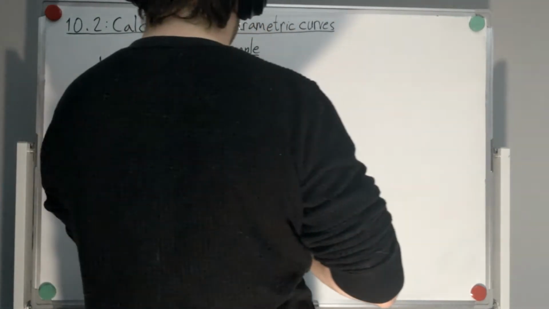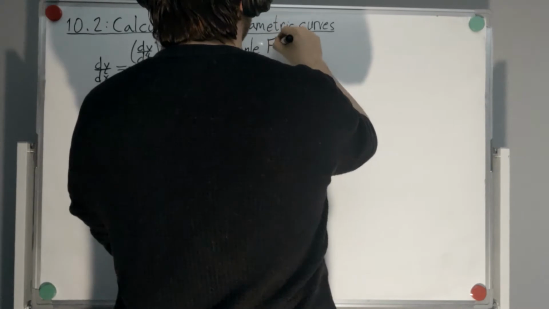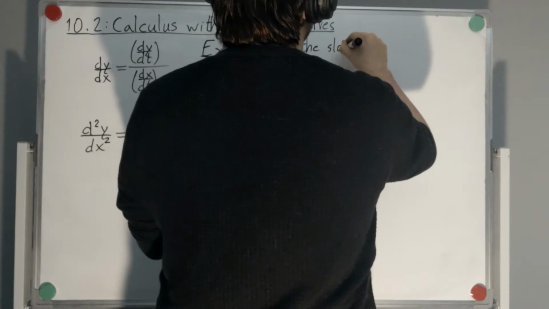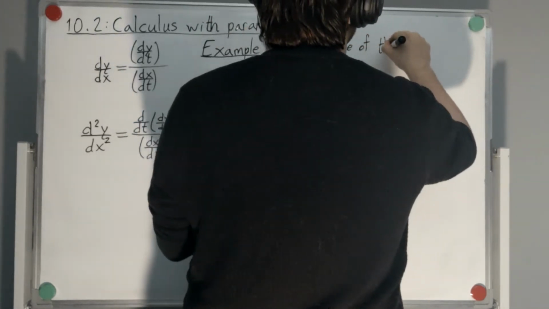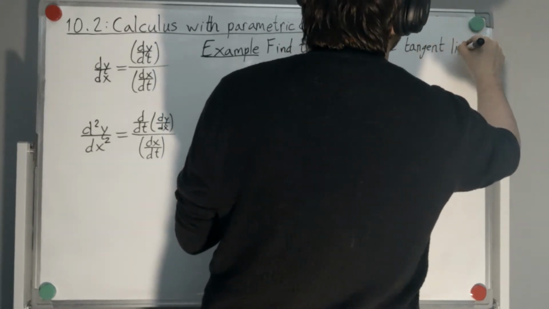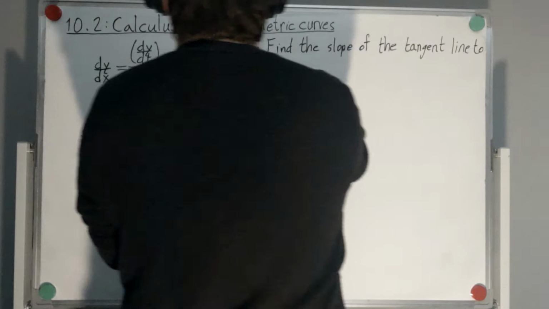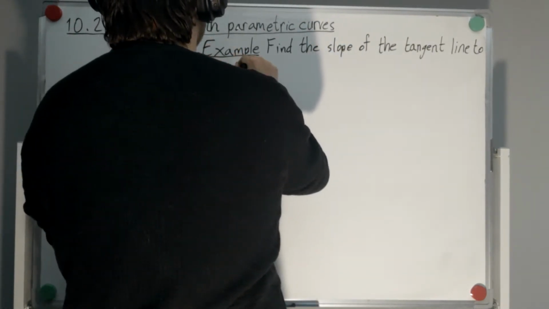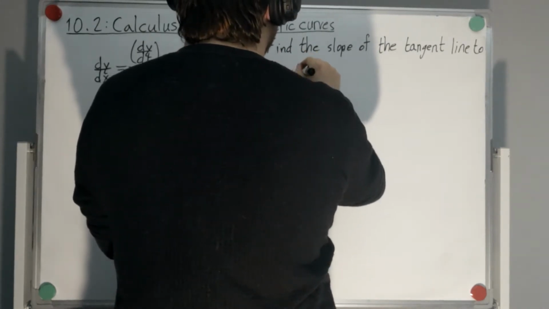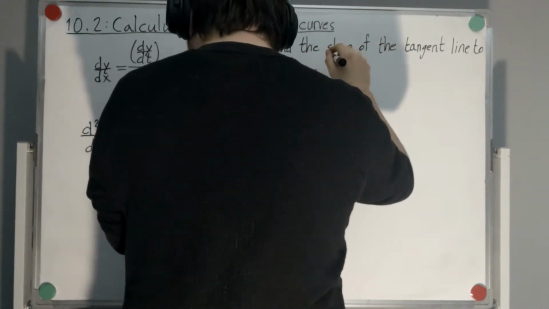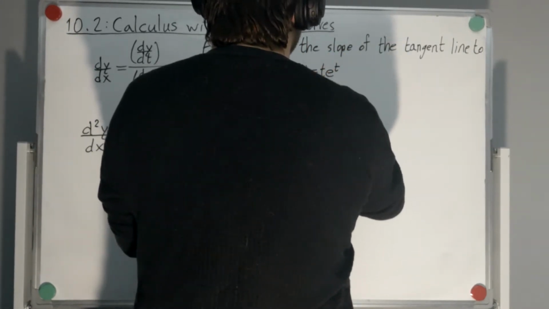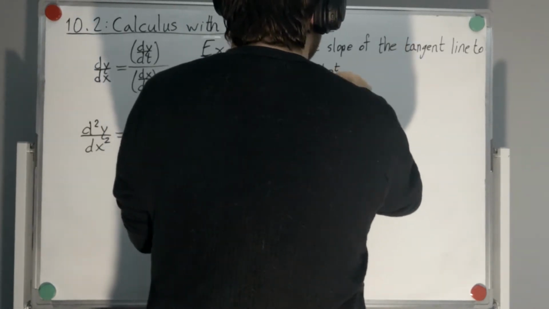So let's see here. Suppose we want to find the slope of the tangent line to the curve, and the parametric equations for this curve are x(t) = t e^t, and y(t) = t + sin t.